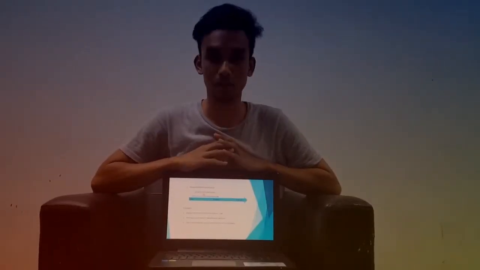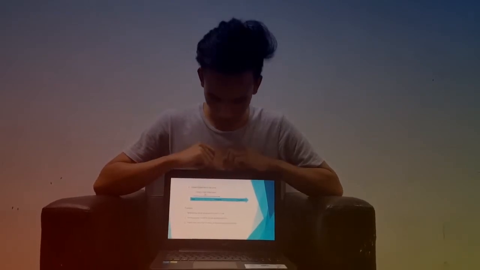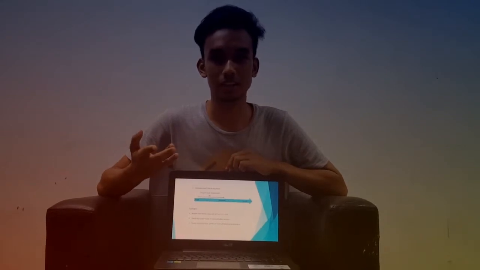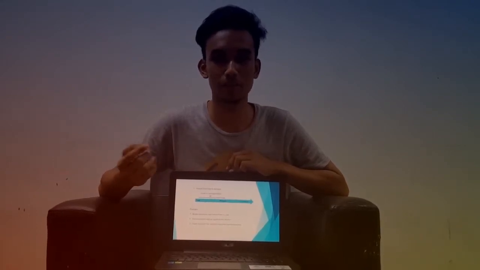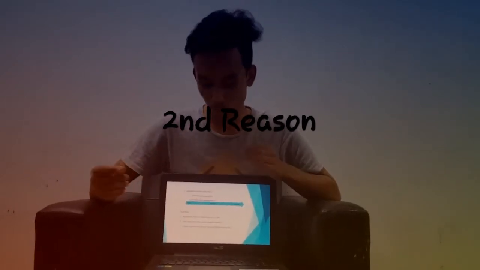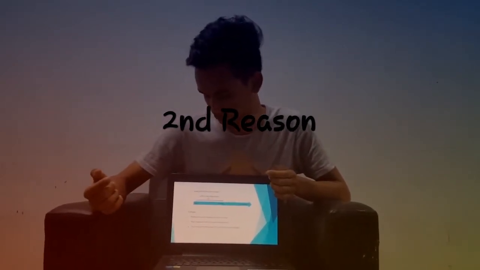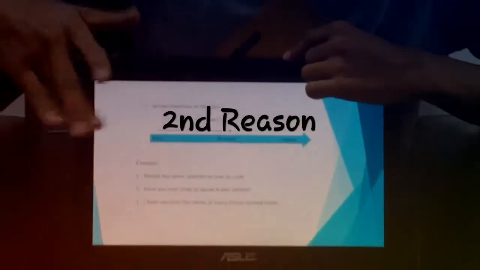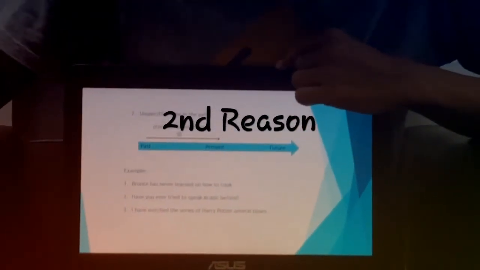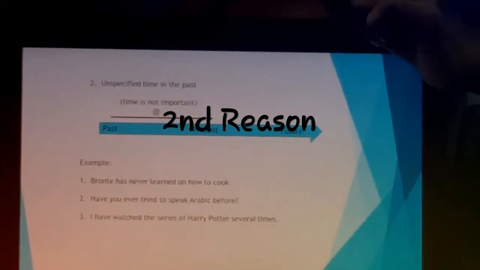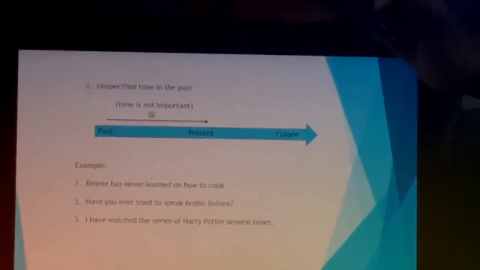That's it. Now I'm going to cover the second reason for using the present perfect tense: when you describe an event that happened in the past, but the time is not important.